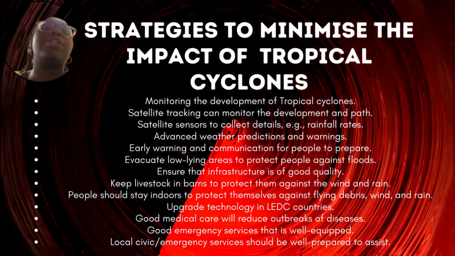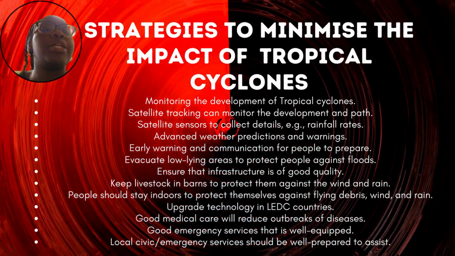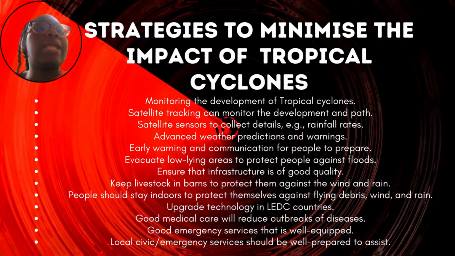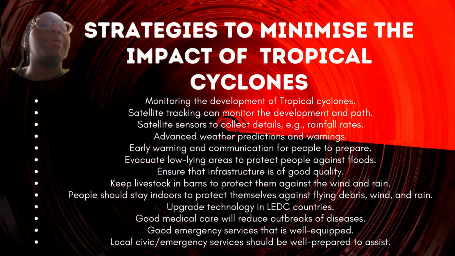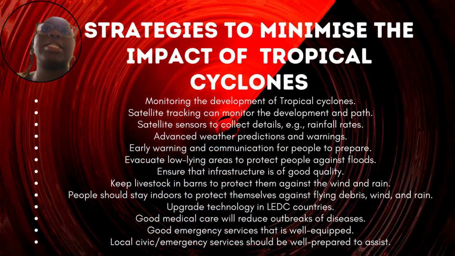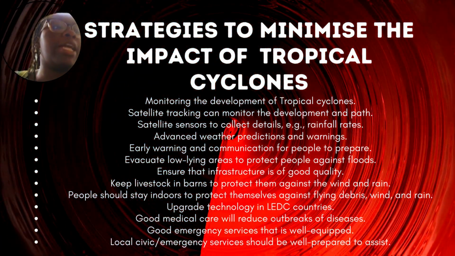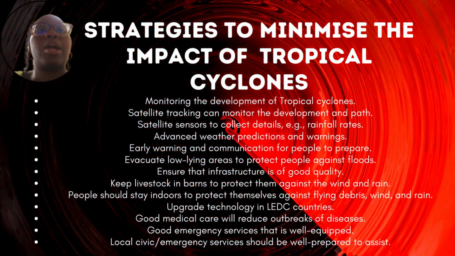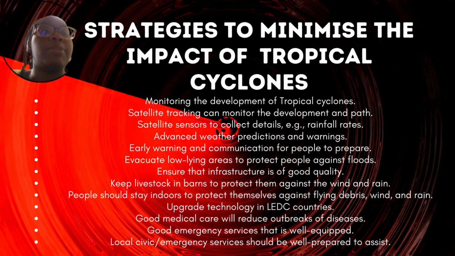So you evacuate from low-lying areas, ensure that infrastructure is of very good quality so that it can withstand the storm, keep livestock in barns to protect them against wind and rain. People should stay indoors to protect themselves against the heavy rains and flying debris. Upgrade the technology in less economically developed countries.